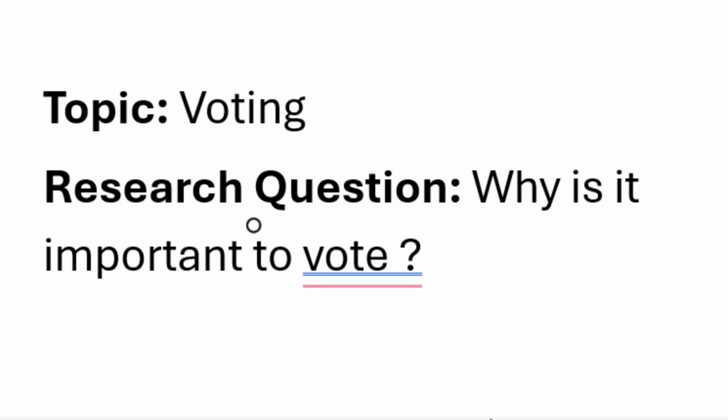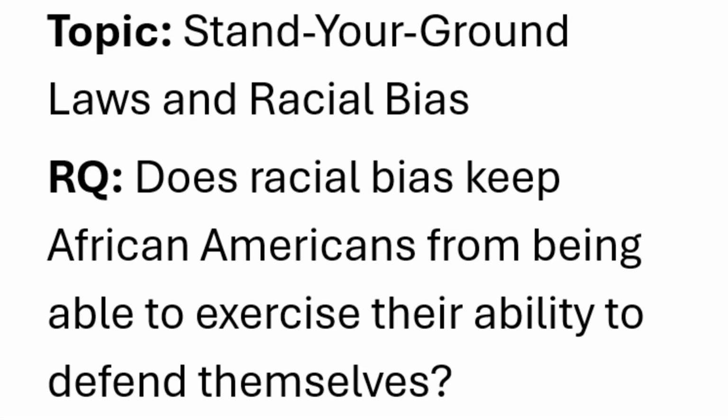Now, here's another topic: stand your ground laws and racial bias. I think it's much more spelled out. The research question is, does racial bias keep African Americans from being able to exercise their ability to defend themselves? Good.